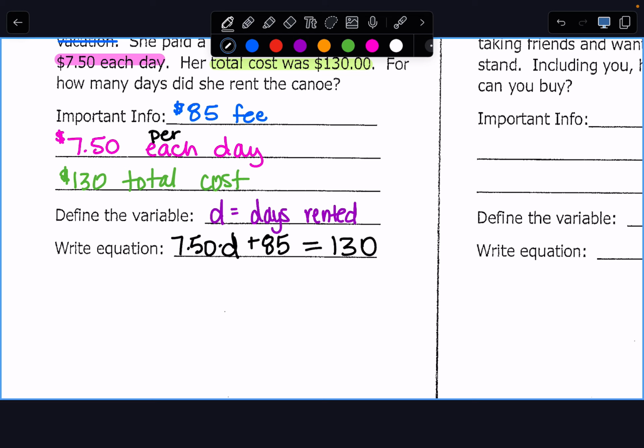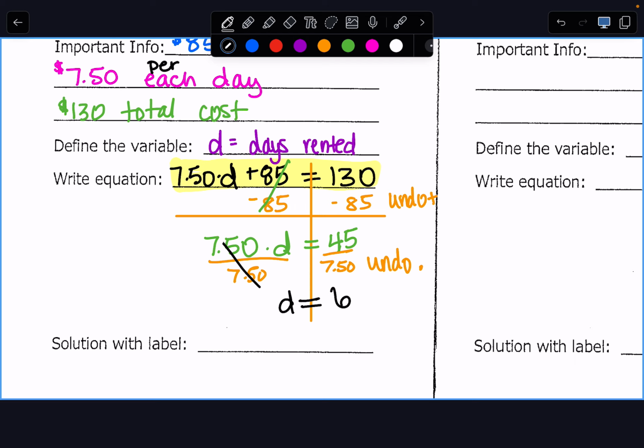The solution to our equation that we wrote is 6. But that is not necessarily what I want you to write for the answer. What I want you to write for the answer is 6 what? Okay, D represents the days rented. So we need to make sure that we write 6 days so it makes sense in the context of our problem.